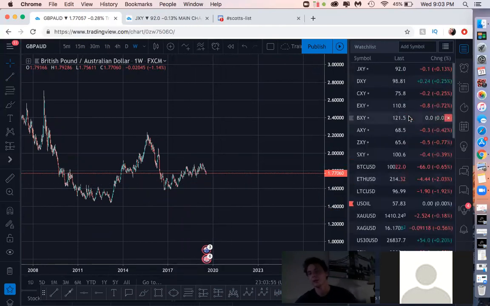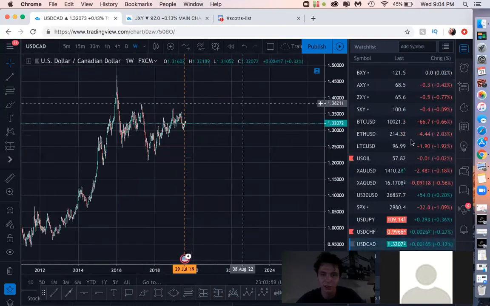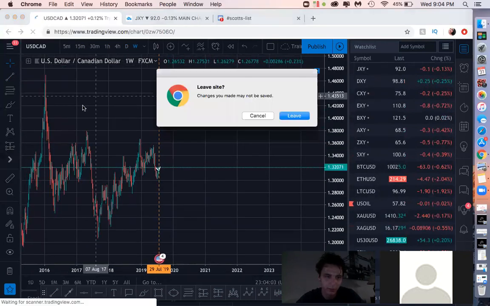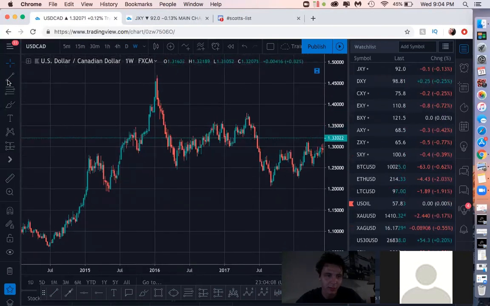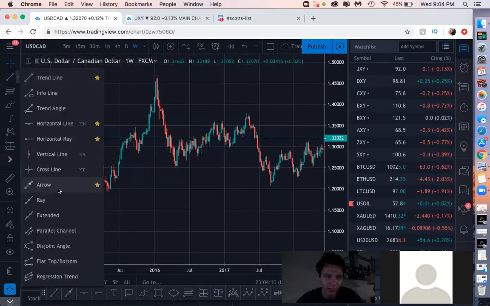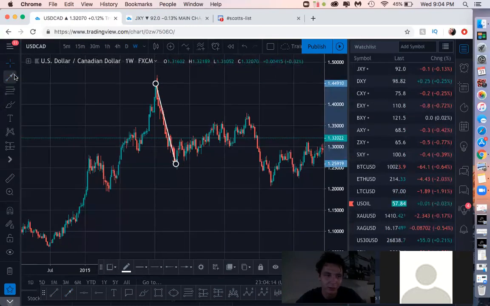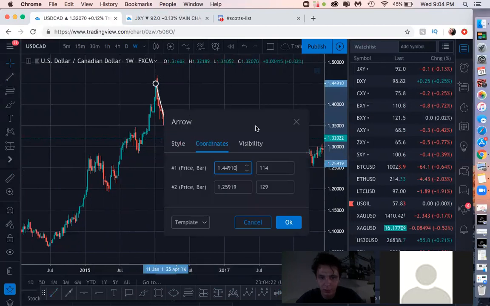I love using USD CAD as an example, especially since the Canadian index lines up with it. But again, time and time again, structured flags are the best things to trade, or at least my favorite things to trade. So we have our impulse, we have our accumulation area, and then we have our structured move.